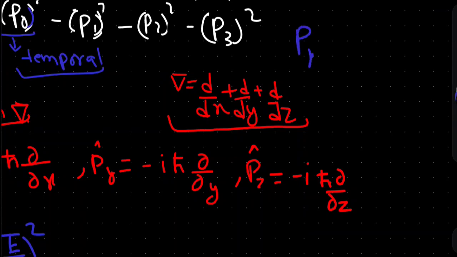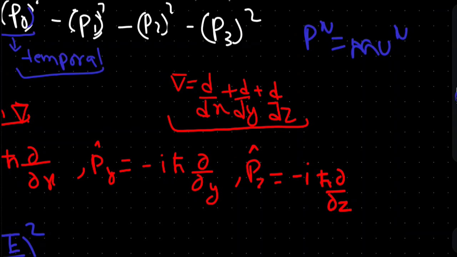So you can derive this: p mu is equal to m u mu. Okay, so these are the things.